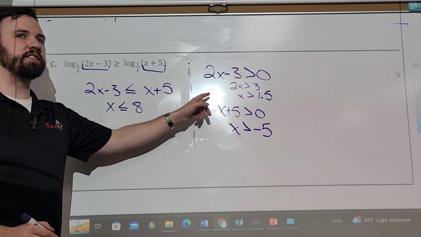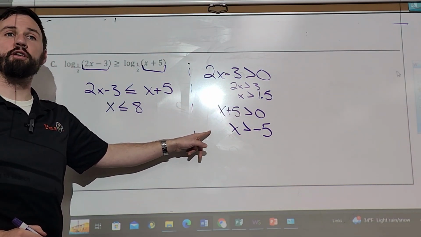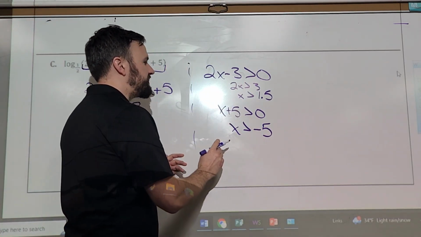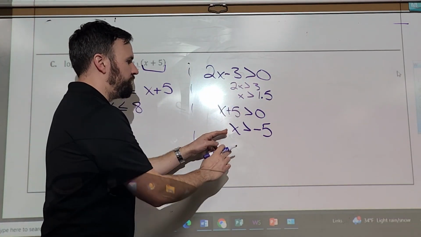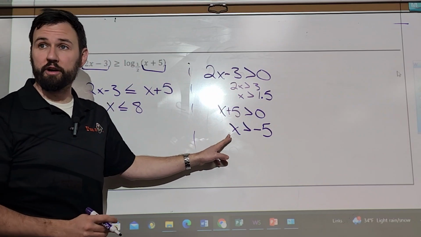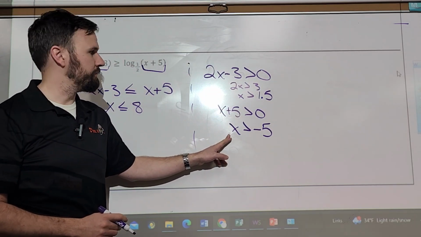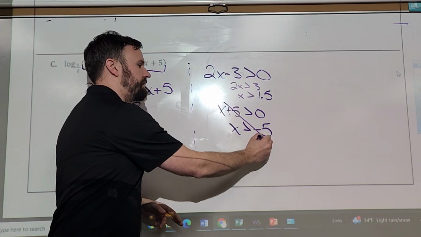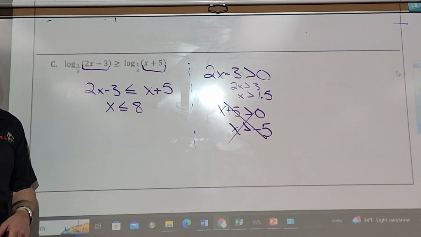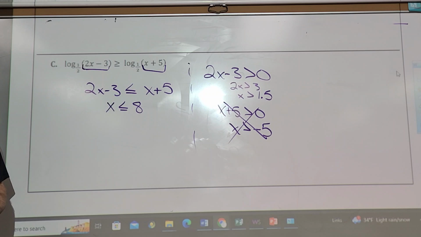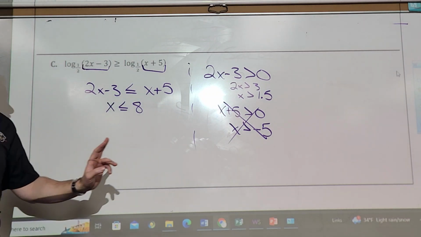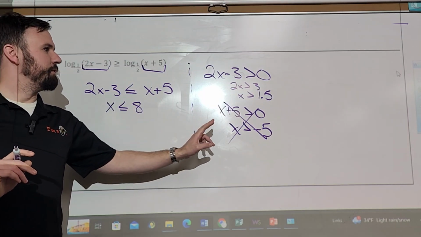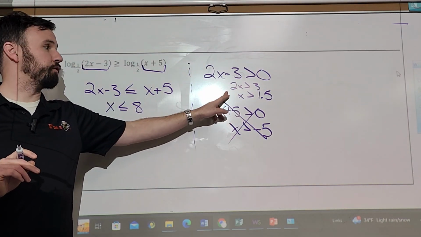Which one of these is more inclusive? What I'm saying by that is, for this equation, does negative 4 work? Negative 4 works for this one, but does it work for this one?